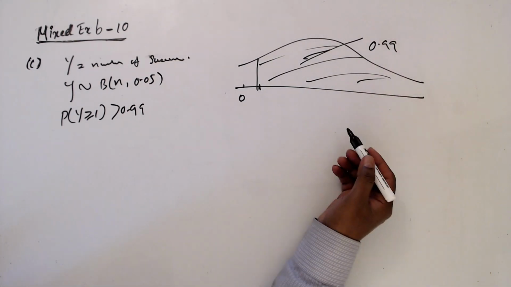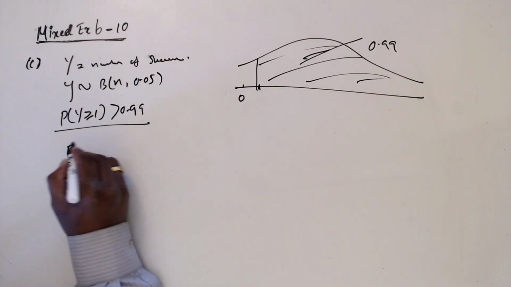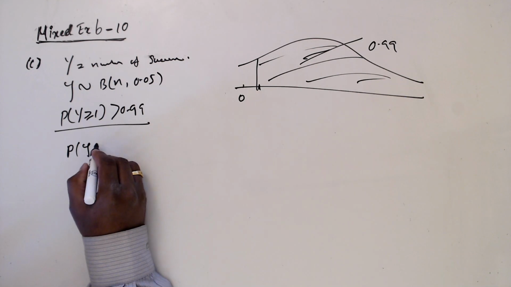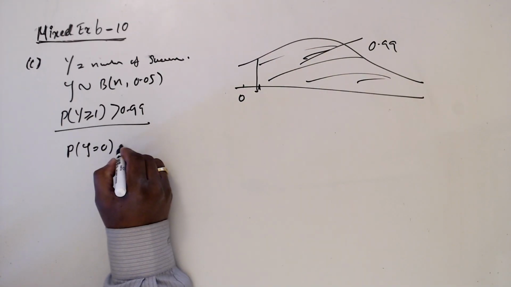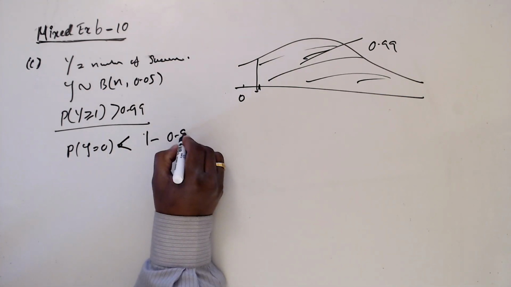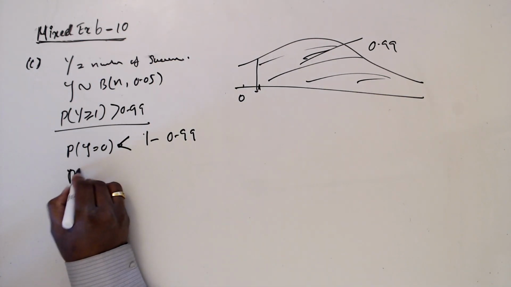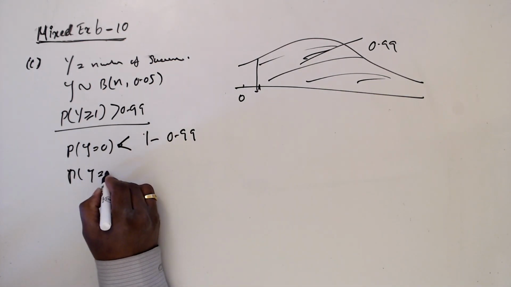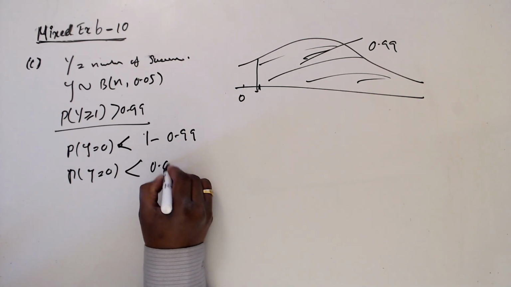It means this will imply that the remaining one, probability of y equals 0, has to be less than 1 minus 0.99. So probability of y equal 0 is less than 0.01.